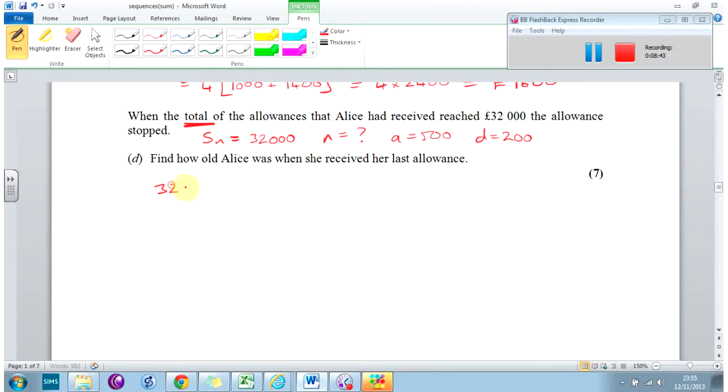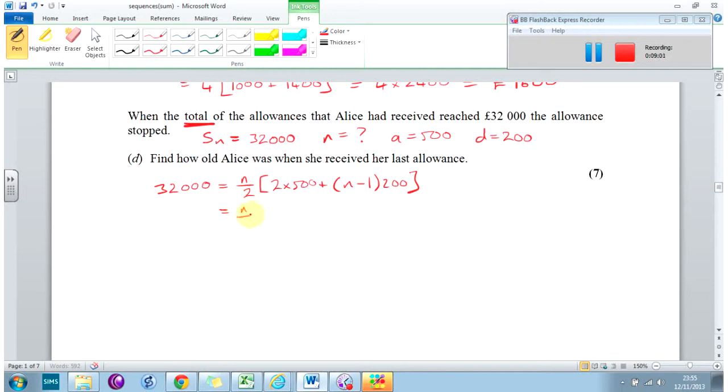So we've got 32,000 is equal to Sn, which is n over 2 times 2a plus n minus 1 d.